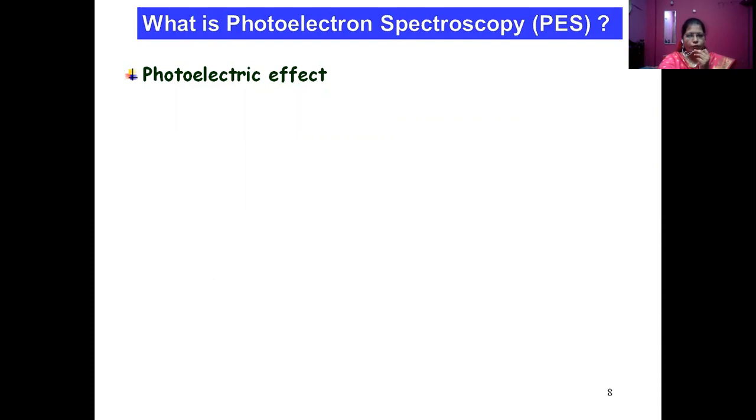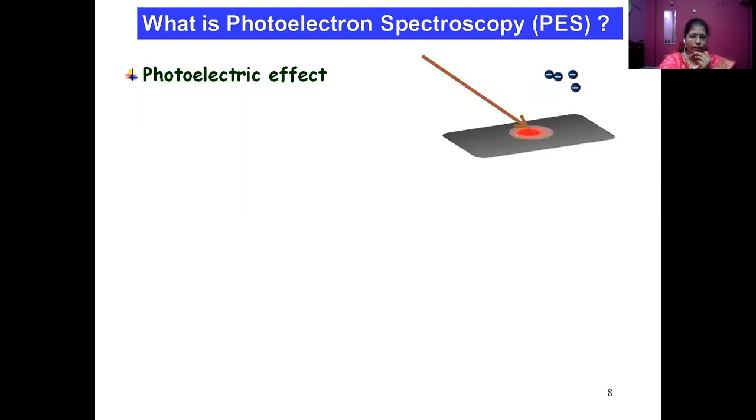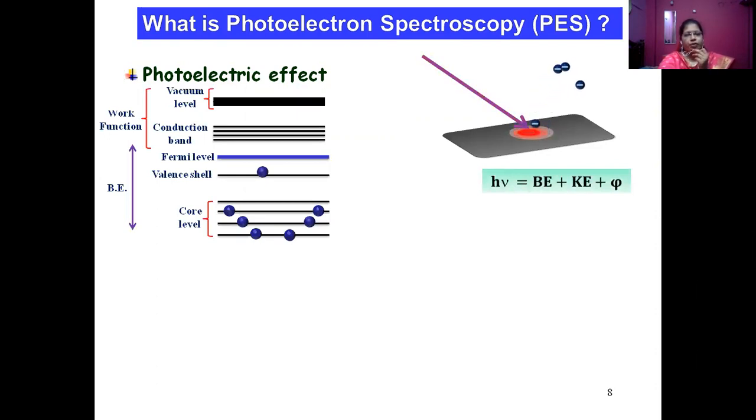So what is photoelectron spectroscopy? As we know, in the photoelectric effect, when we shine light on the material, it ejects an electron. The electron can be ejected either from the core level or from the valence level. So h nu is equal to binding energy plus kinetic energy plus work function.